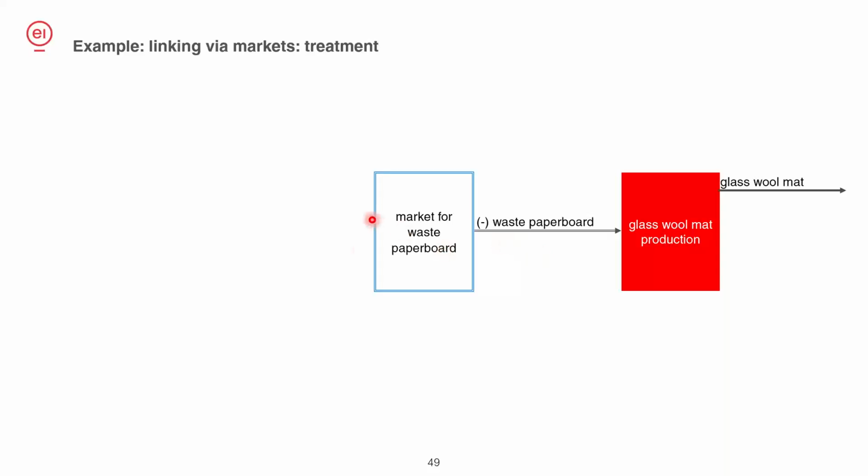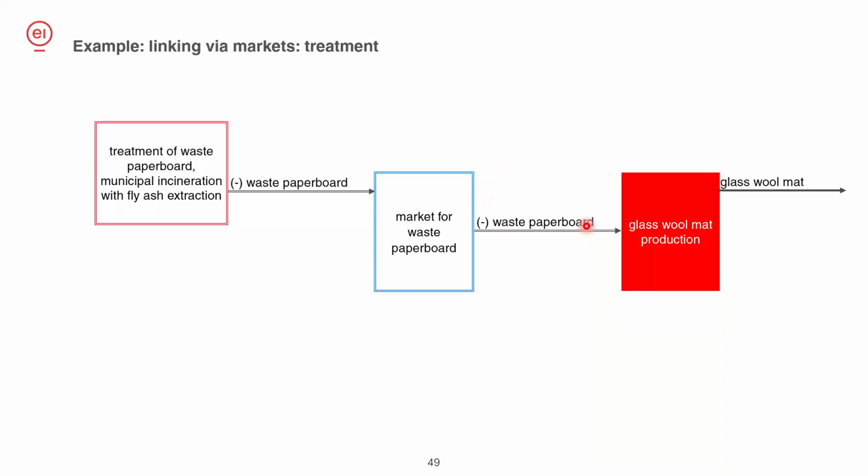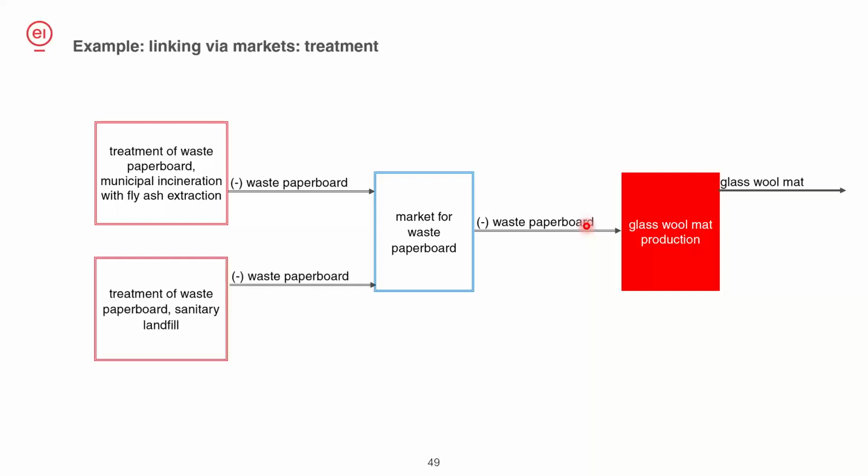Waste paperboard is a waste, so it's modeled as a negative input. And in this supply chain, we have the link to the market for waste paperboard, which provides the service of treating of waste paperboard through municipal incineration and through sanitary landfill. I will not go further in this because then we are going into the system model discussion and who is bearing the burdens of the treatment.